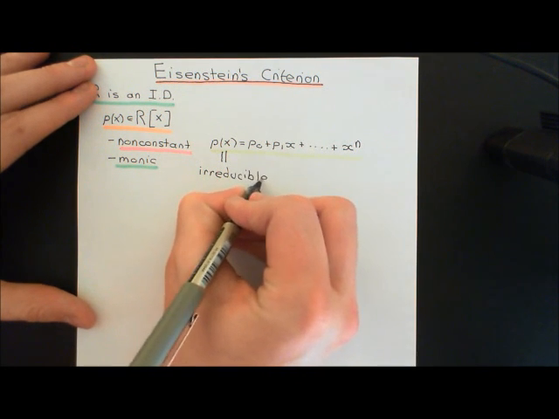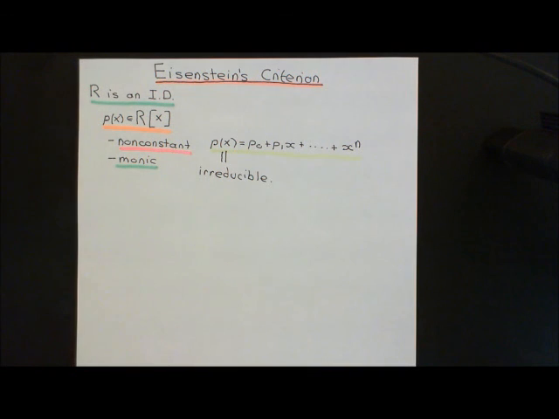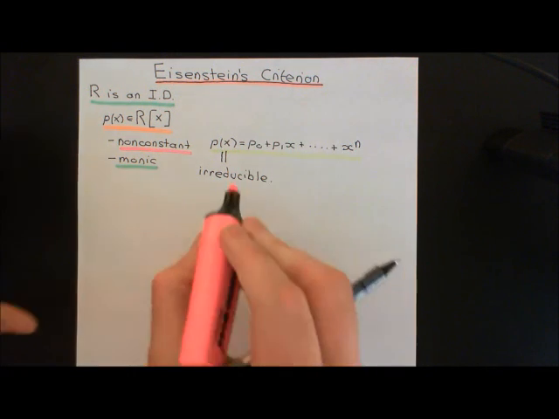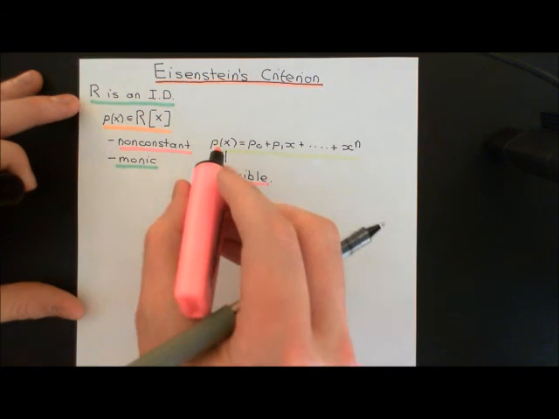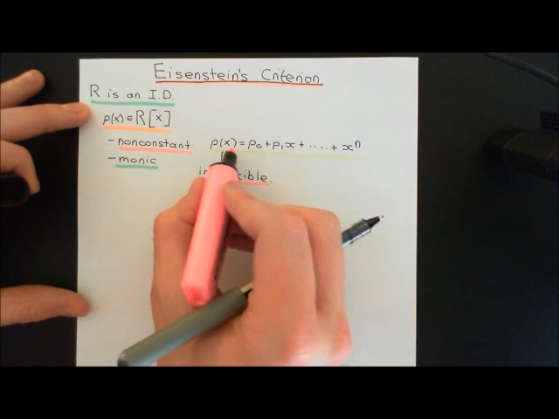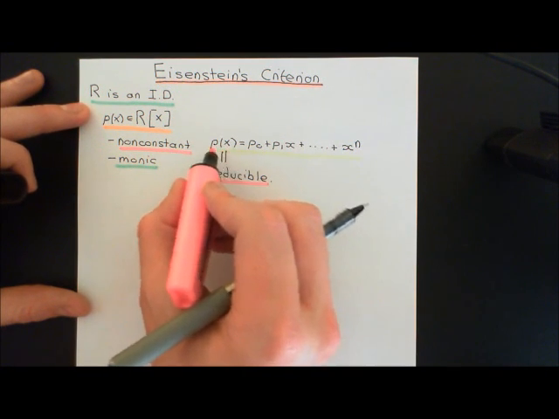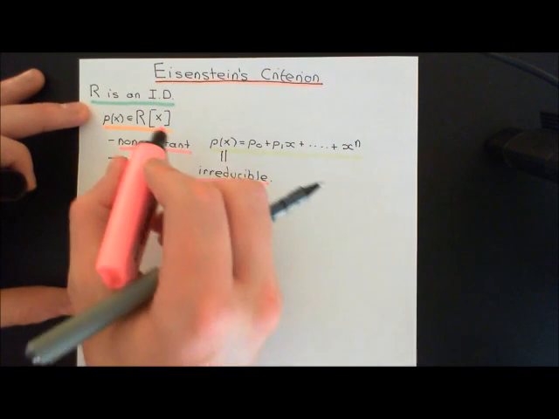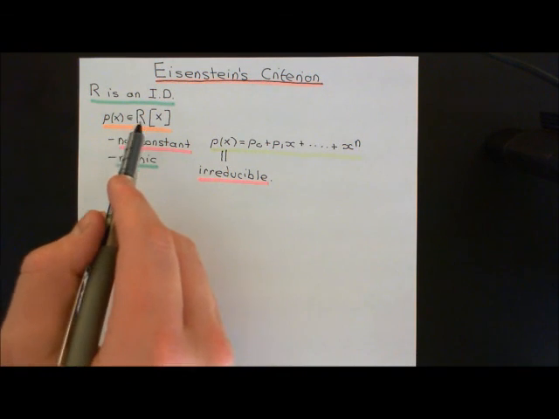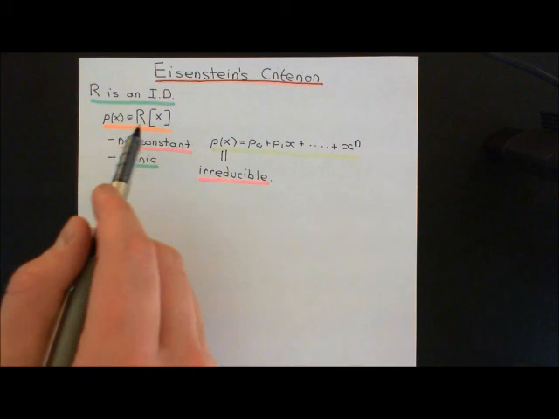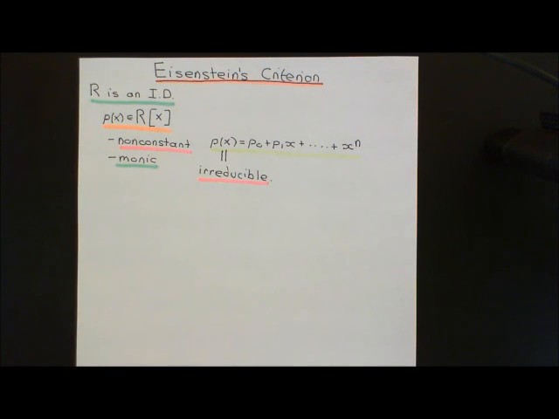Let me firstly remind you of what that means. Irreducible is definable in an arbitrary non-zero commutative ring, and it's a term that can be applied to all non-zero, non-unit elements. This is certainly a non-zero and non-unit element within the ring of polynomials over the integral domain, because whenever you take a ring of polynomials over an integral domain, the only units in that ring are the constant polynomials.